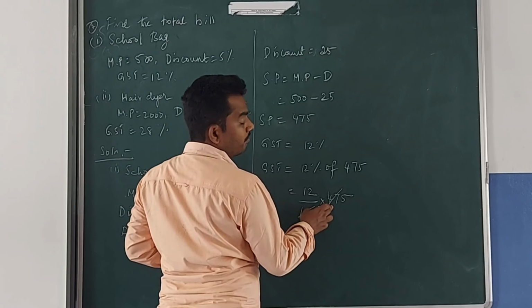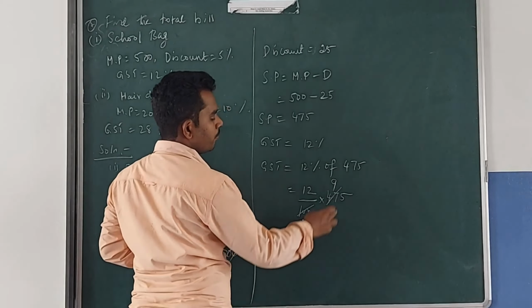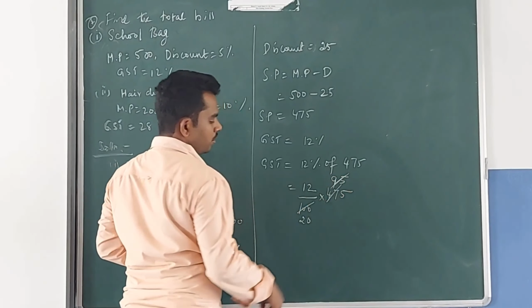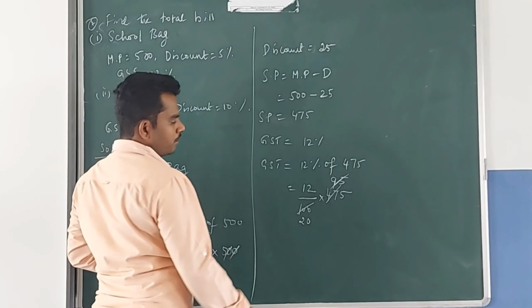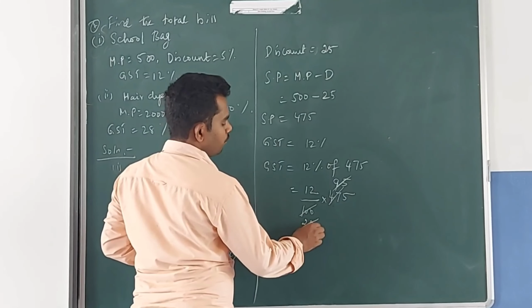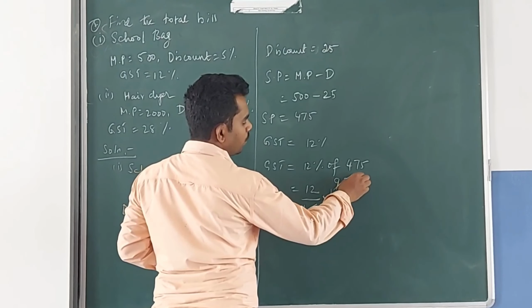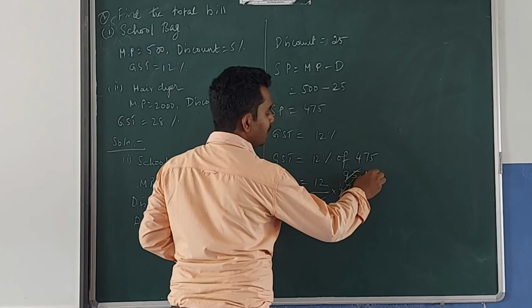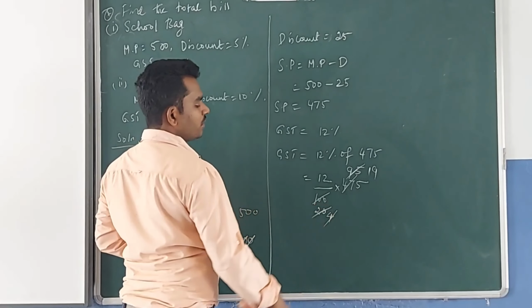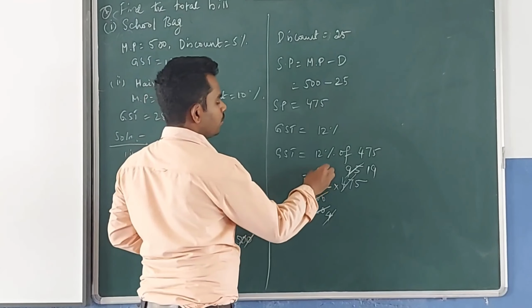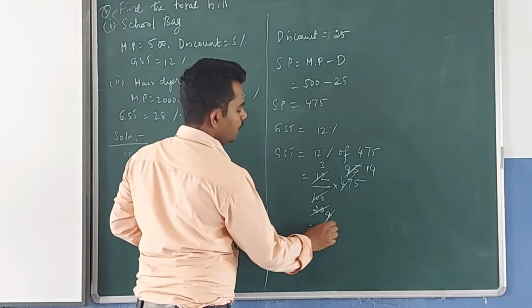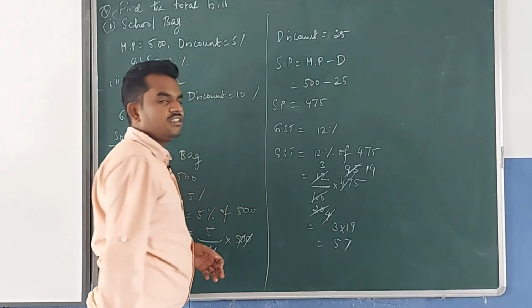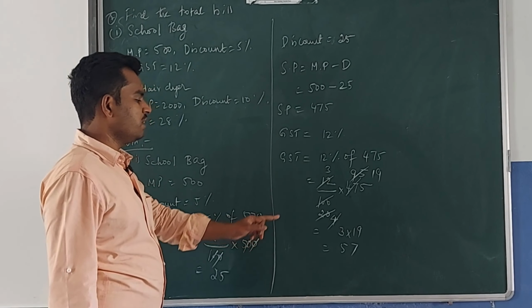Here 9 5s are 45, remainder to 95. Again cancelling on 5 table, 4 times, here 1, remainder 4, 45 means 9 times, 19. Here 4 3s are 12. So 3 into 19, 57. So the GST amount is 57.